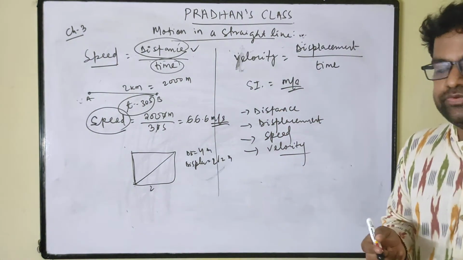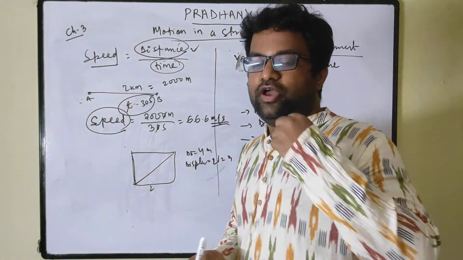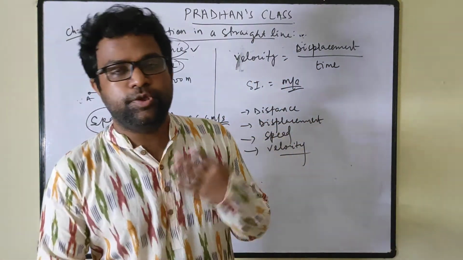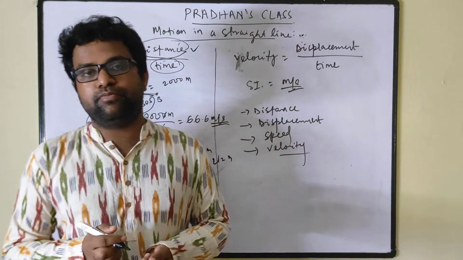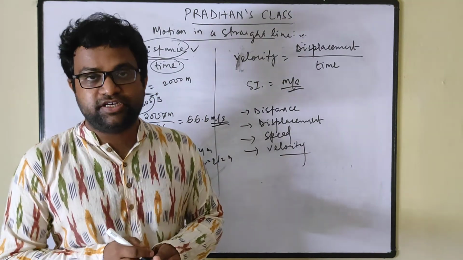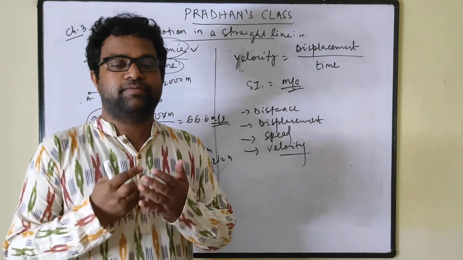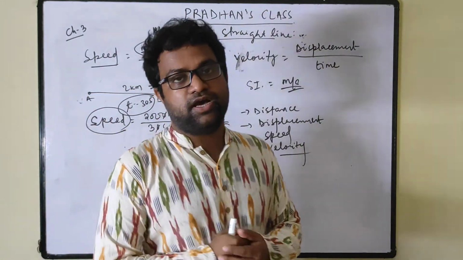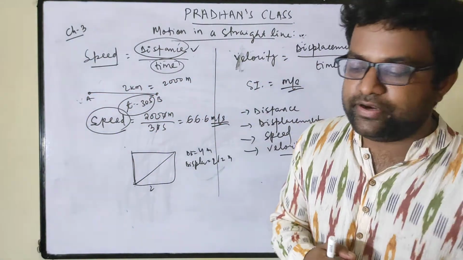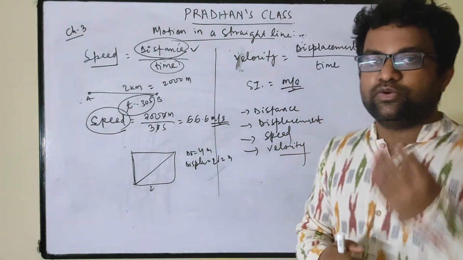So in next part we will discuss about average speed, uniform motion, non-uniform motion, then instantaneous velocity, how we can calculate. Okay, then all the parts like velocity time graph, position time graph, we will discuss one by one, and gradually we will go to the equations of motion.